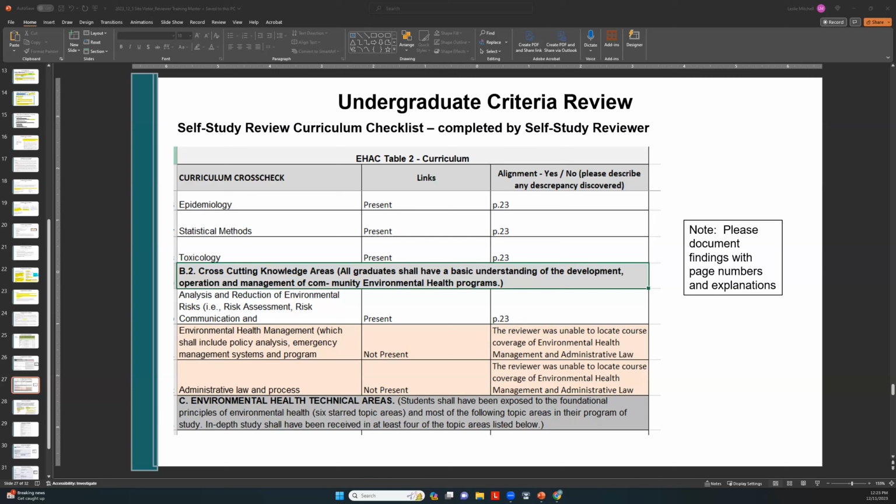A lot of times these are the same folks who are employing the graduates or providing internship opportunities, and they can give some very critical feedback into potential areas of weakness or opportunities for improvement for these programs.